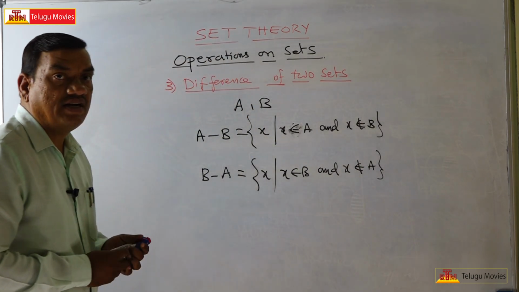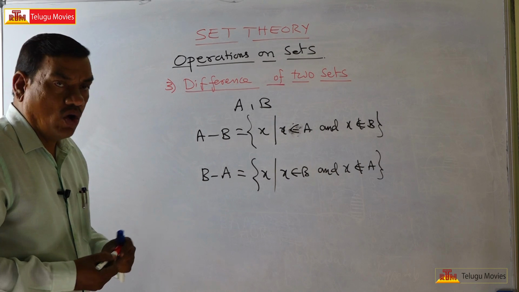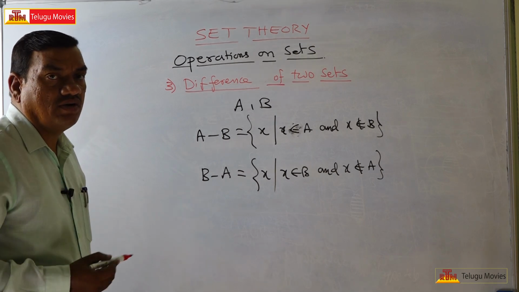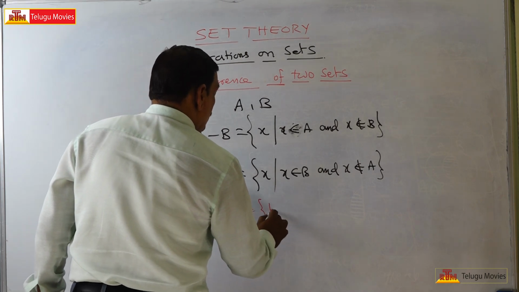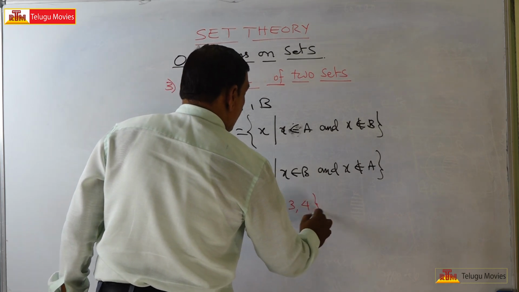So this is a very fundamental definition of A minus B. Okay, I will explain with some example. Let us take A is equal to {1, 2, 3, 4}.